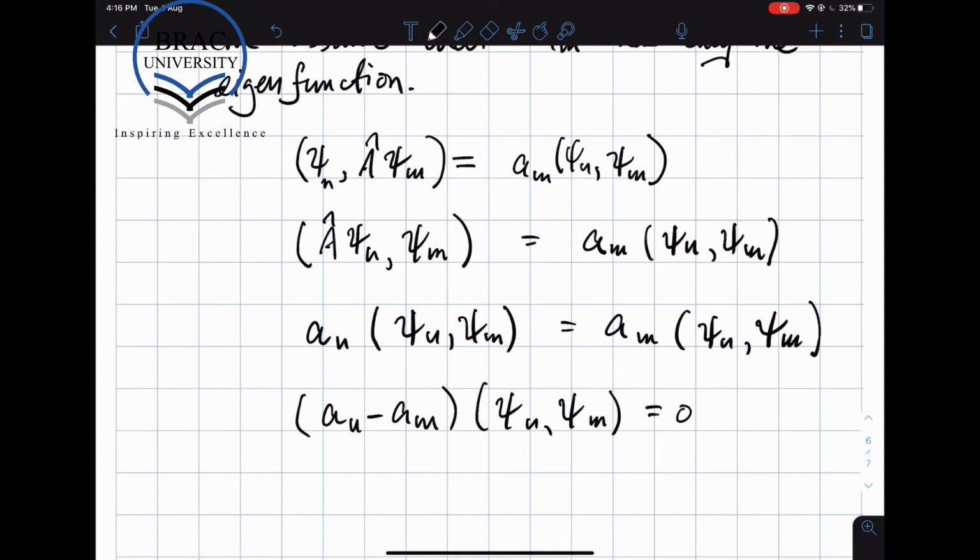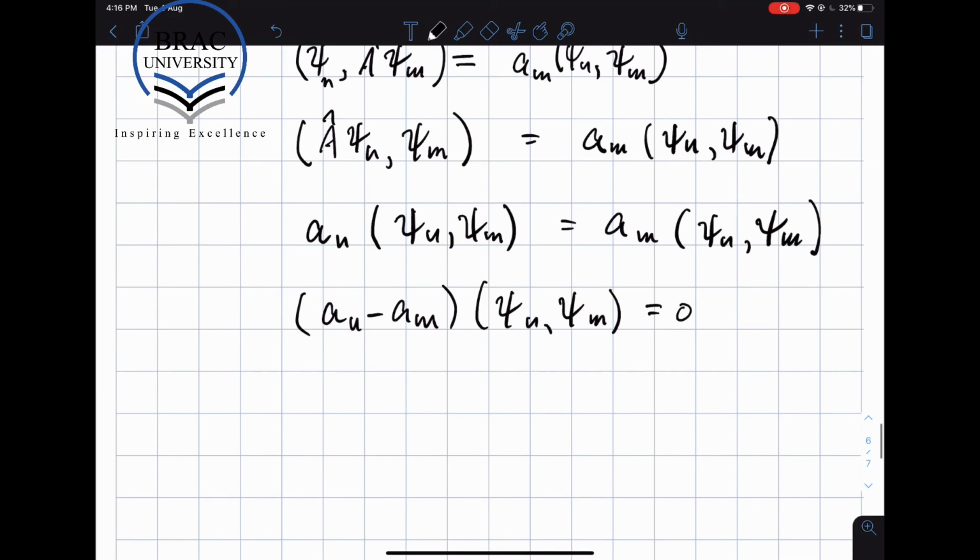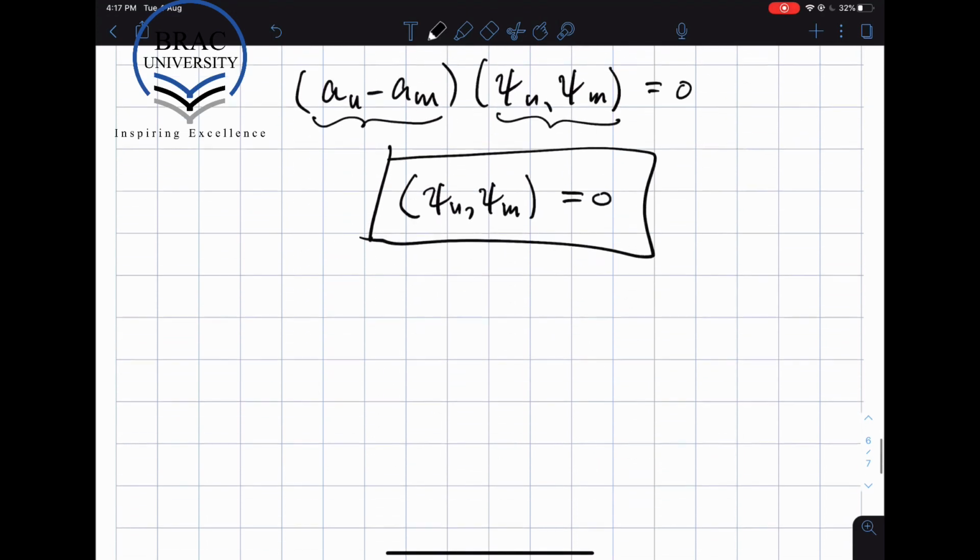So now there are two possibilities. One possibility is that this factor is 0, and the other possibility is that this factor is 0. But we have assumed that a_n and a_m are different eigenvalues, and therefore this is not equal to 0. So that means that this has to be 0, and therefore the inner product of psi n and psi m is equal to 0.